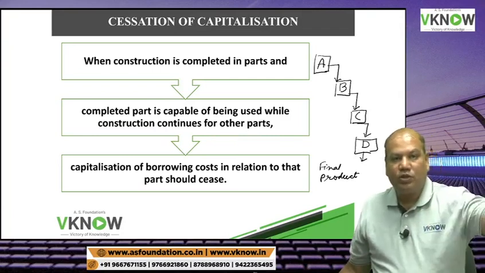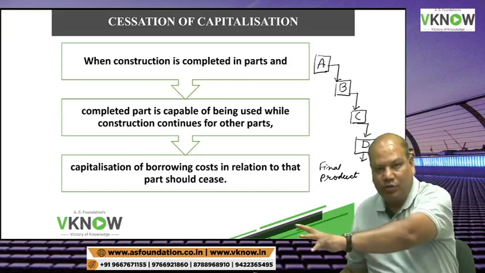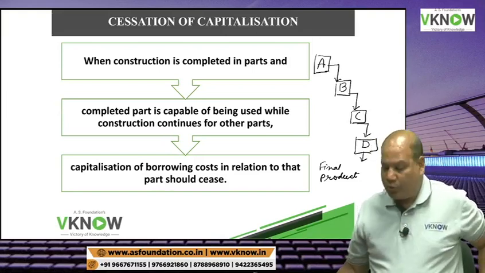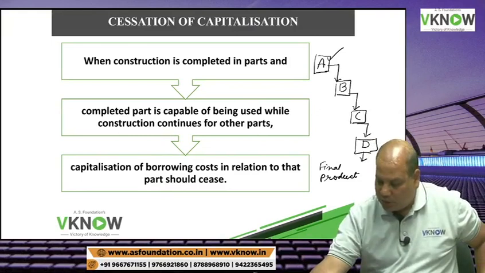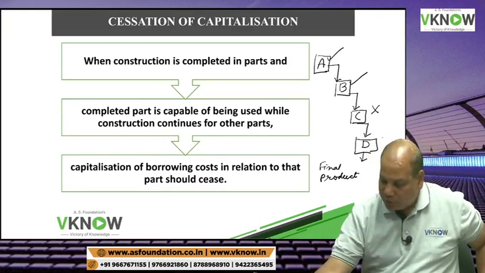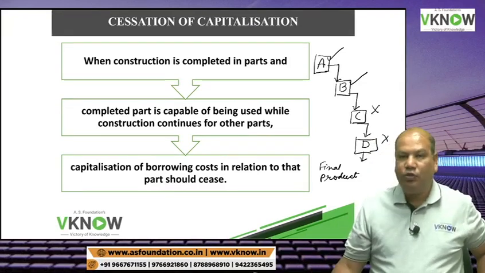A company is constructing this process plant, which has four processes. A is complete, B is complete, C is not complete, D is not complete.